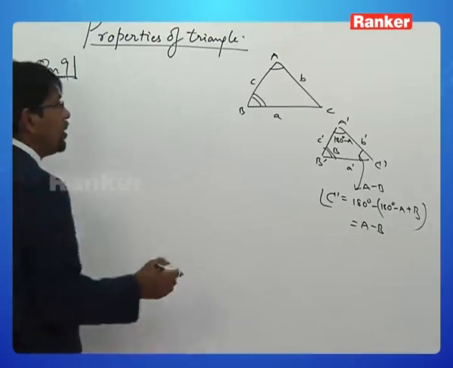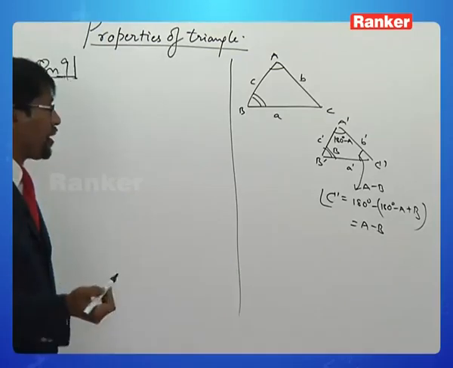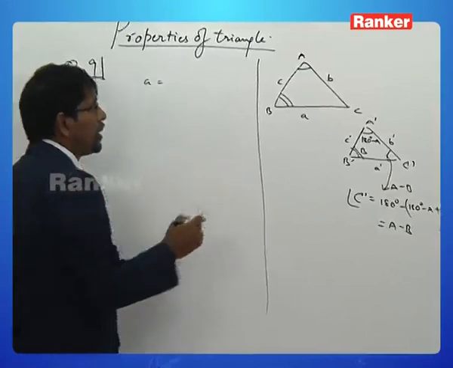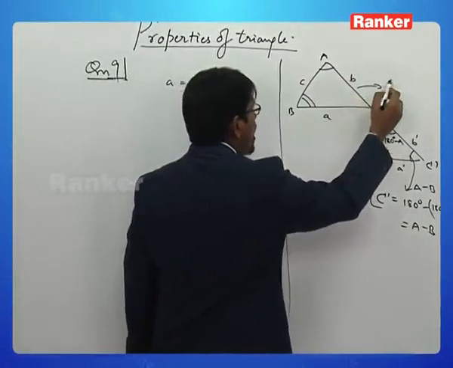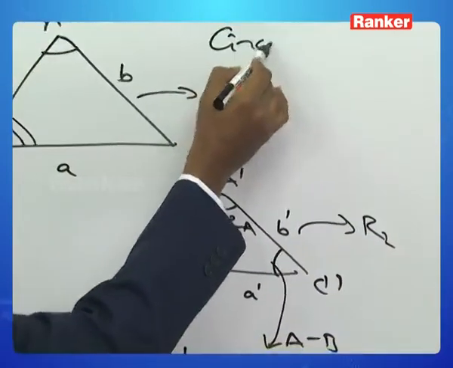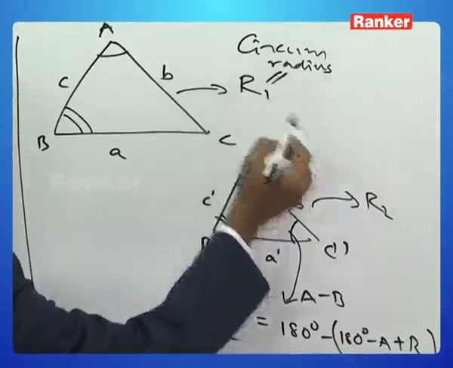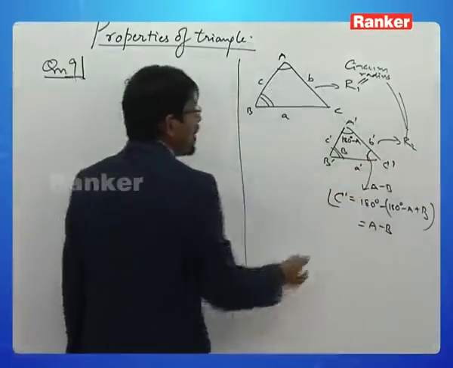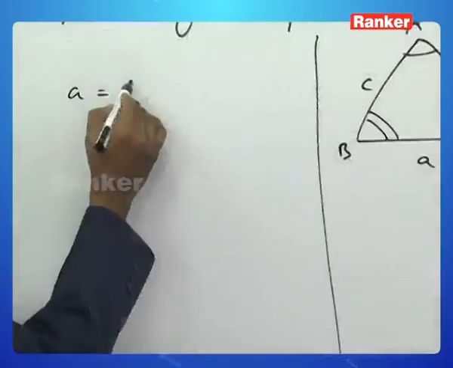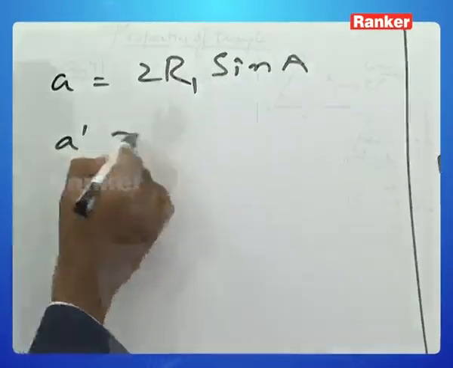Let's use the sine rule and write the values of the sides in terms of the angles. Let us assume that the circumradius of this is R1 and the circumradius of this is R2. What is a here? 2R1 sine A. What about a dash?